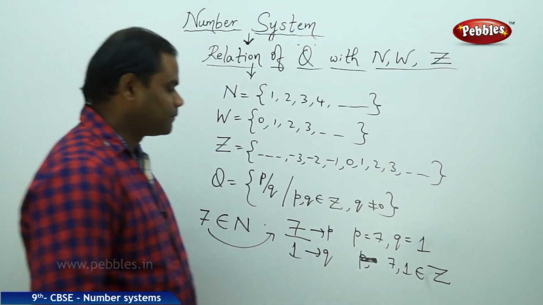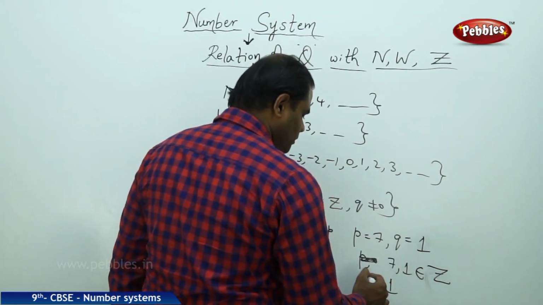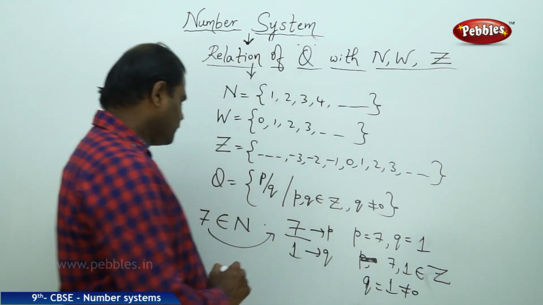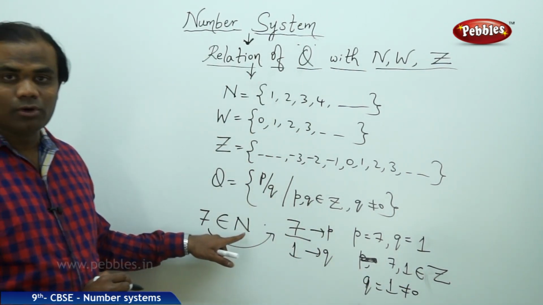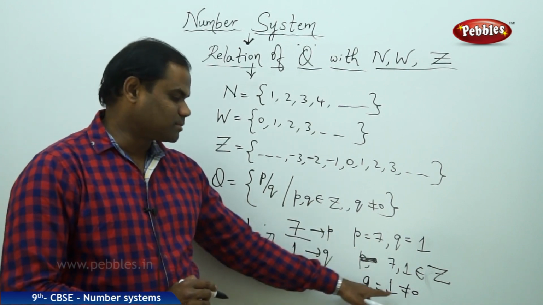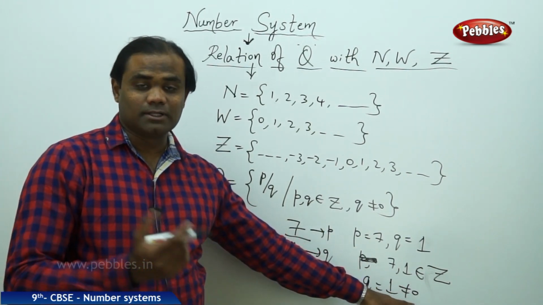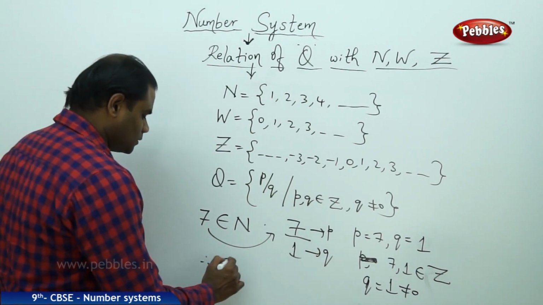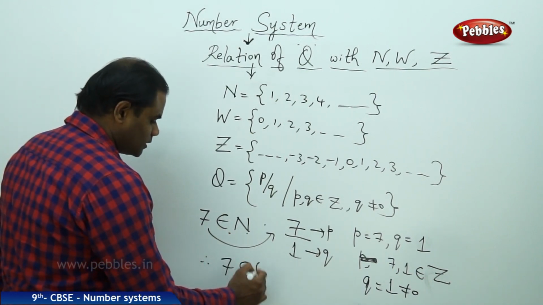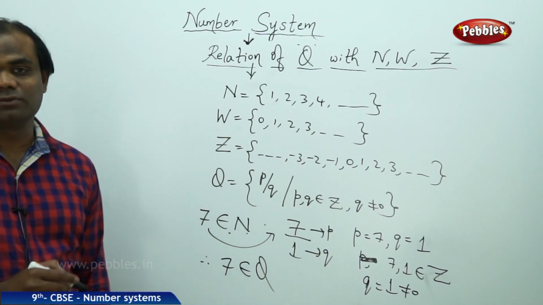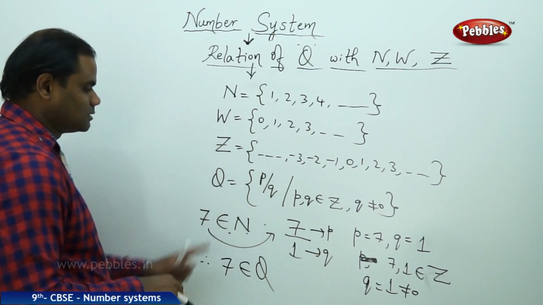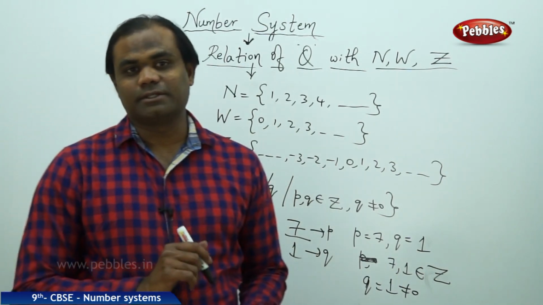For Q, 1, which is the denominator, is not equal to 0. Therefore, every natural number 7 belonging to N can also be expressed in P by Q form, that is 7 by 1, and it becomes a rational number. Therefore, 7 belongs to N and 7 also belongs to Q. Therefore, I can say all natural numbers are part of the rational numbers.